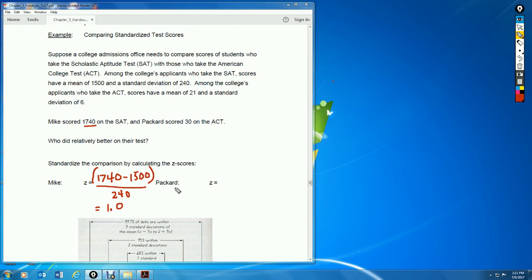All right, so for Packard, his data value was 30. So his z-score is going to be 30 minus the mean, which was 21, and then divided by the standard deviation, which was 6. And again, go ahead and calculate this, and you should see that it is exactly 1.5.